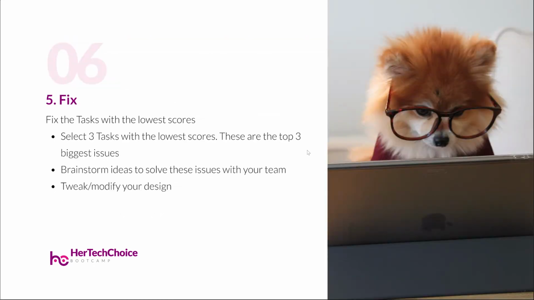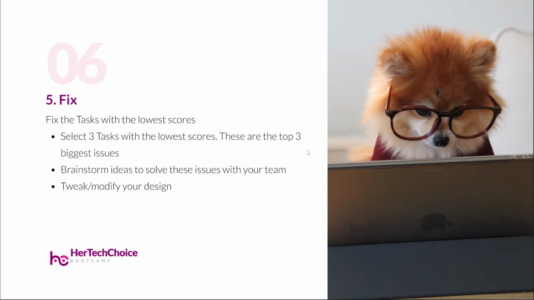And once you tweak and modify your design, you need to perform these tests again, which brings us to the iteration part, where you have to correct all of the errors found during the first phase of testing and make sure the prototype is better.